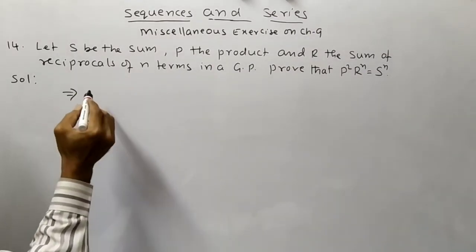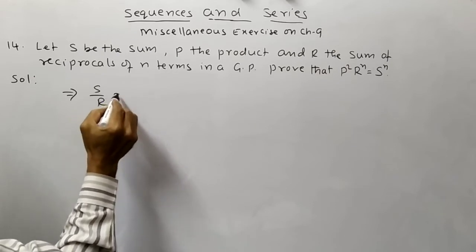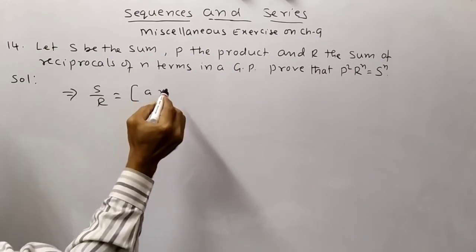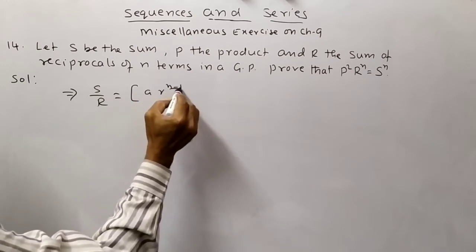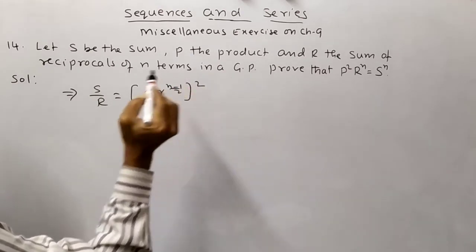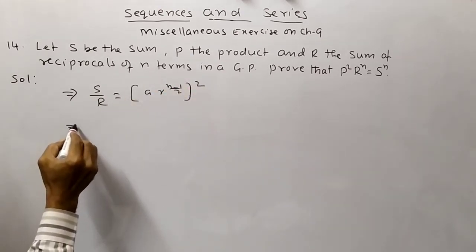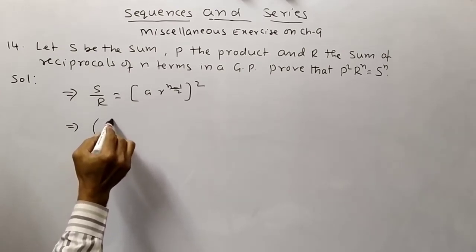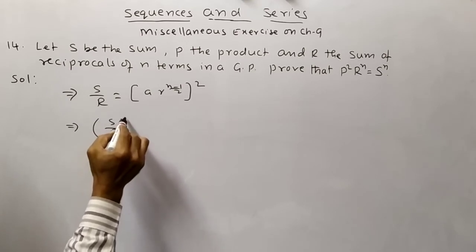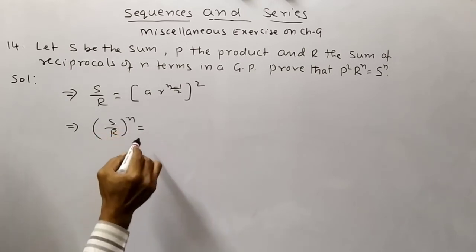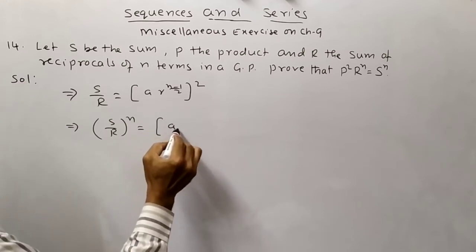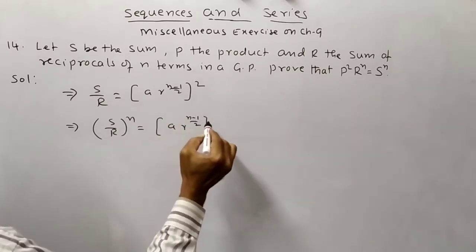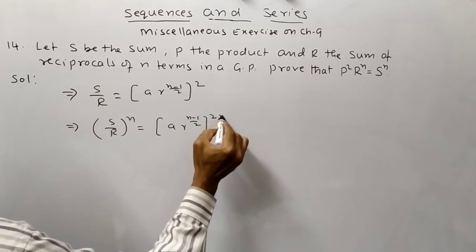Implies S by R is equal to A into R raised to the power n minus 1 divided by 2 whole square. Implies, by taking exponent n both sides, S by R whole raised to the power n is equal to A into R raised to the power n minus 1 divided by 2 raised to the power 2n.